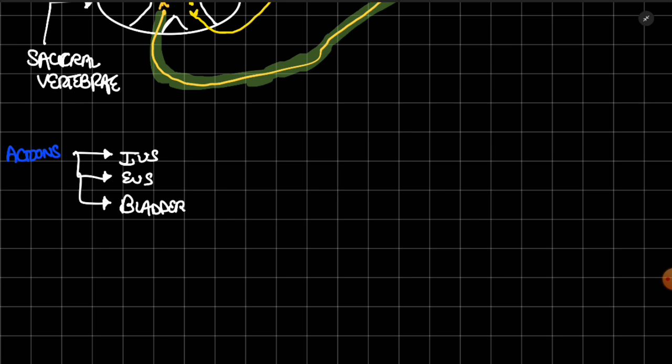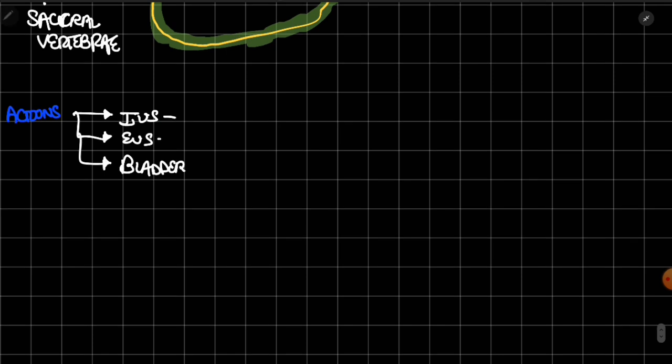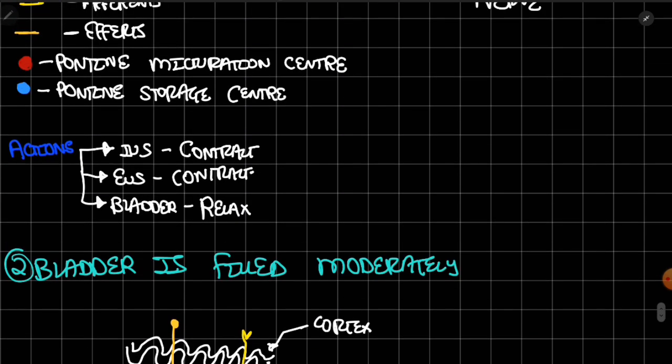So using this analogy, the act of not constricting the end is relaxing, and the act of pressing the balloon is contraction. So the internal urethral sphincter and the external urethral sphincter relax and the bladder contracts. Exactly opposite to this.